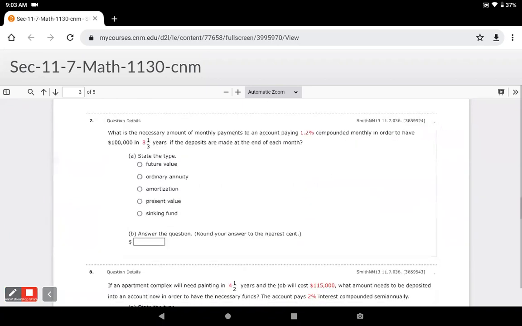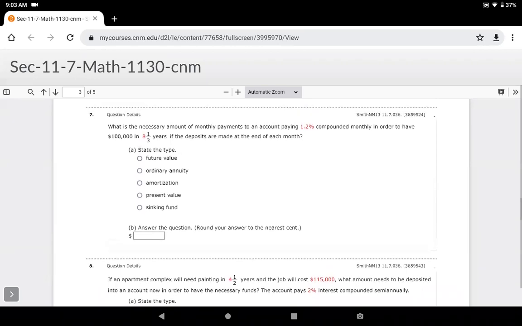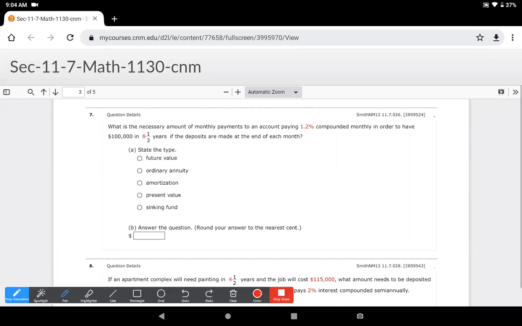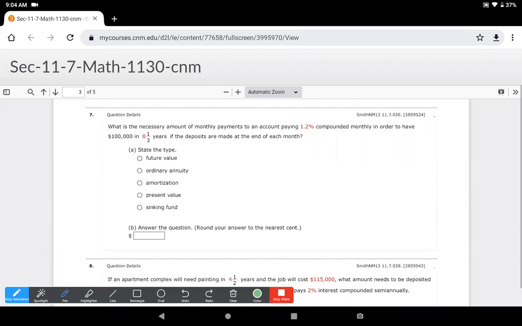All right, number 7. What is the necessary amount of monthly payments to an account? So they're asking us for M again. What is the necessary amount of monthly payments?